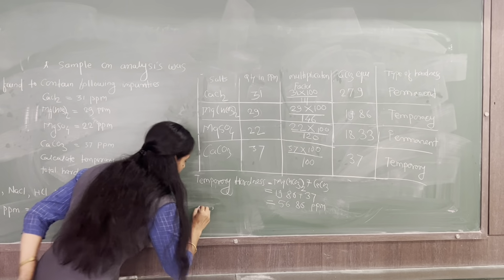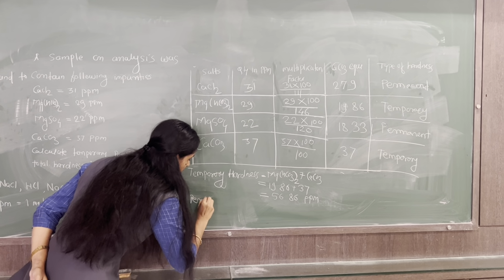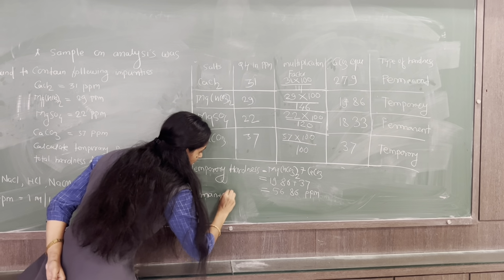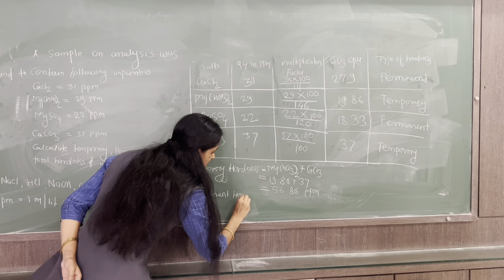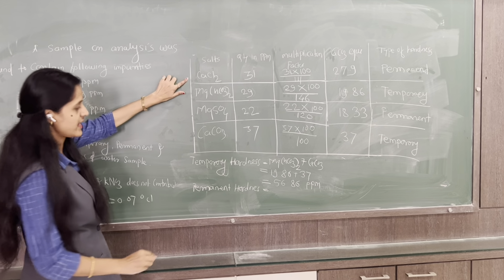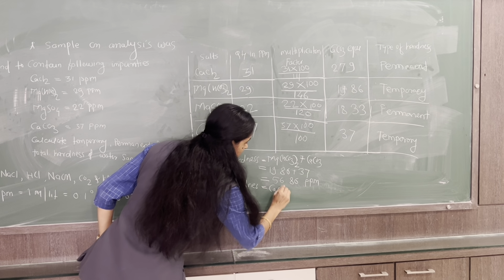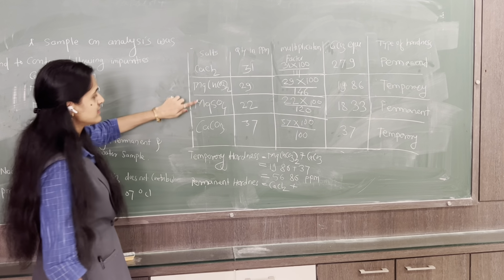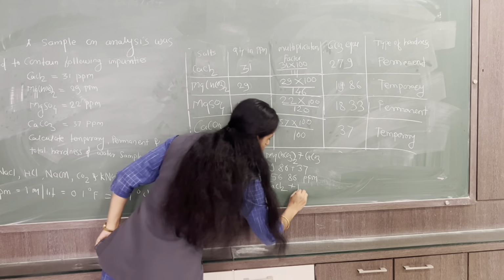Now second, you have to calculate the permanent hardness. Here two salts cause the permanent hardness. One is CaCl2 and second one is MgSO4.